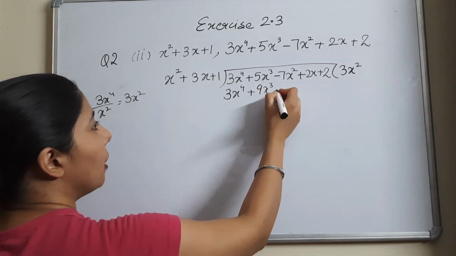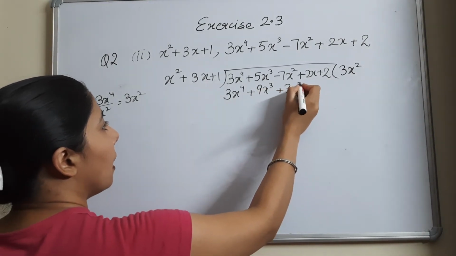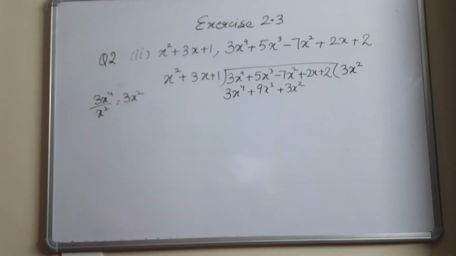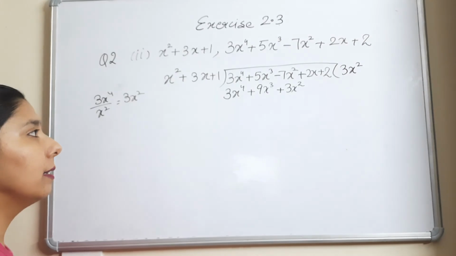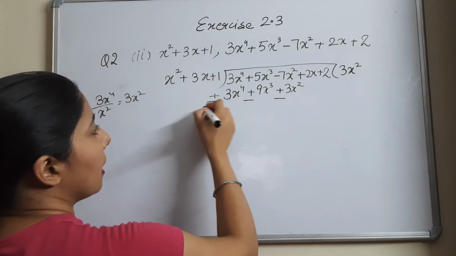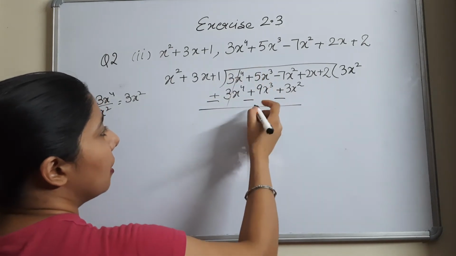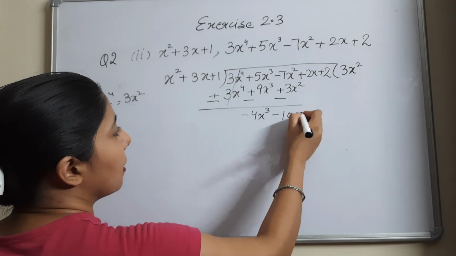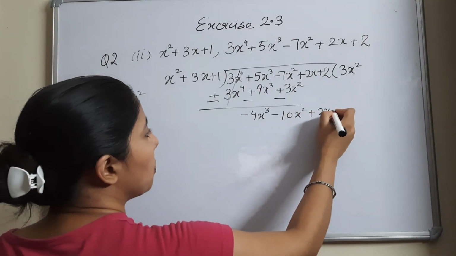This is just a manual calculation. You people are in grade 10, so you can do such calculations manually. You need not write each and every calculation. Now change the signs. It cancels out. We are left with 10x square plus 2x plus 2.